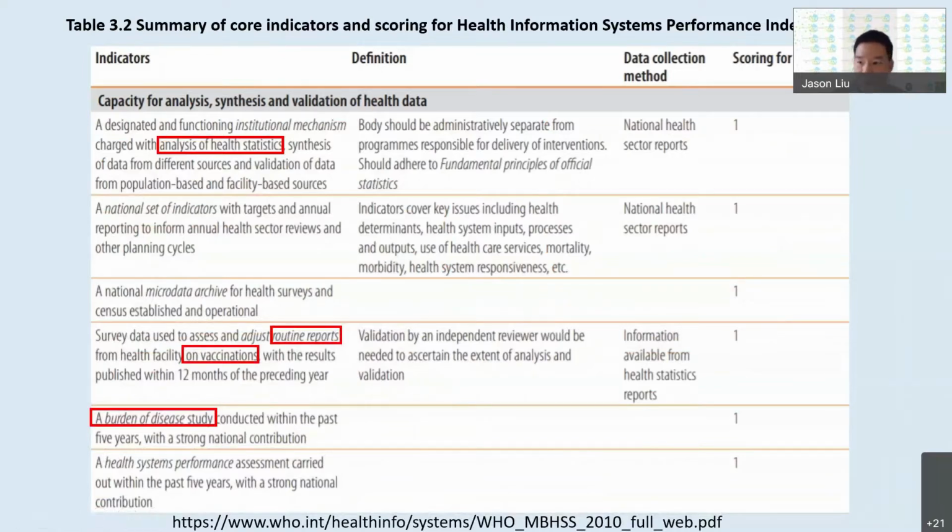Here's a summary from the same document of the previous slide, and it shows a summary of the core indicators and scoring for the Health Information Systems Performance Index. It mentions certain key terms like the analysis of health statistics, routine reports on vaccinations, and a burden of disease study.